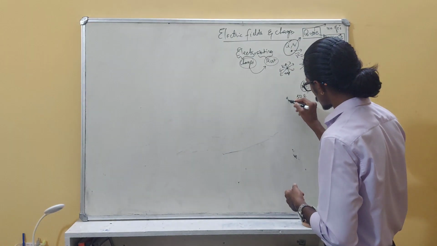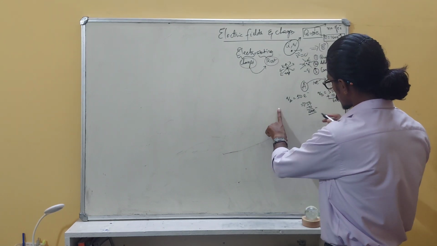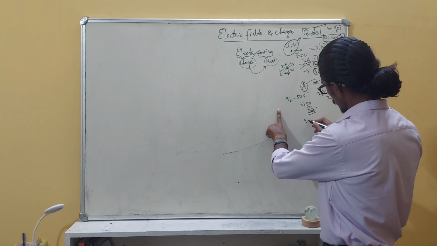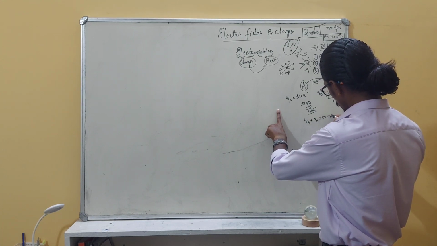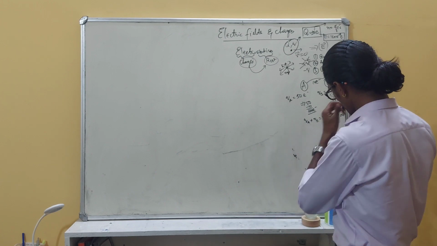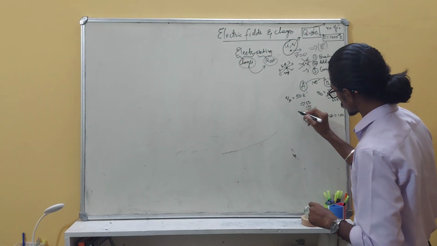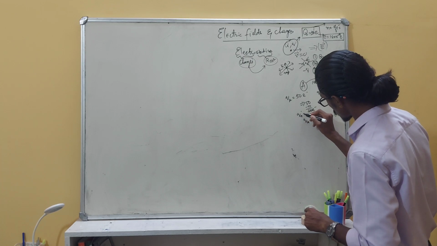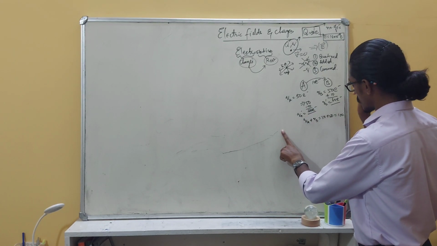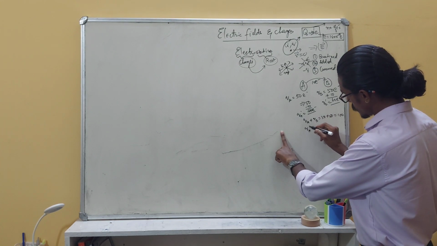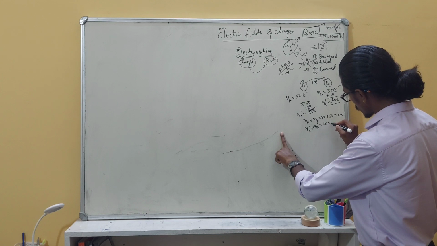So the total charge before and after is said to be equal. What does it mean? This is Q of A and this is Q of B. If I add the factors, QA plus QB is 50 plus 50, which is nothing but 100. Similarly, after the process, that is QA dash after the transfer and QB dash also after the transfer, if I add these two, QA dash and QB dash is 40 plus 60.